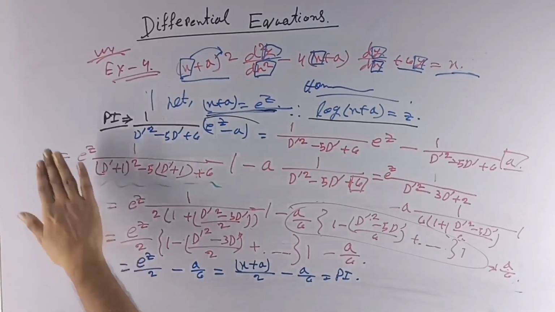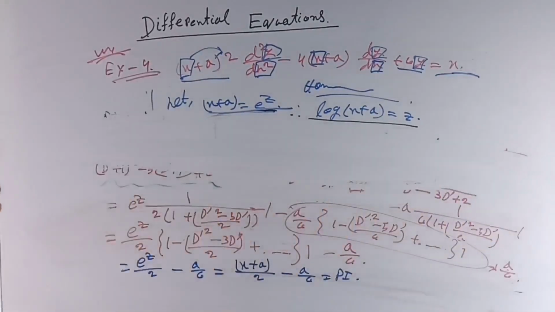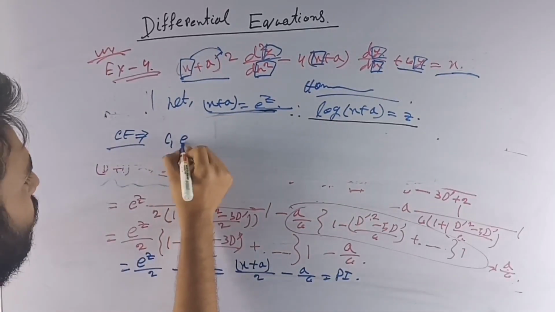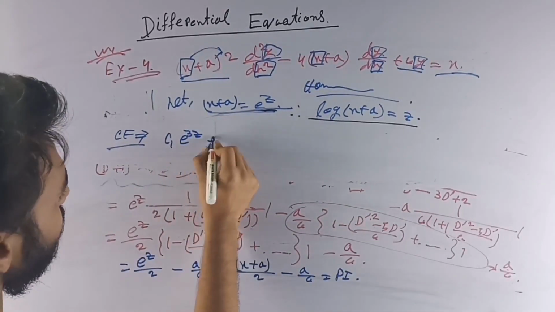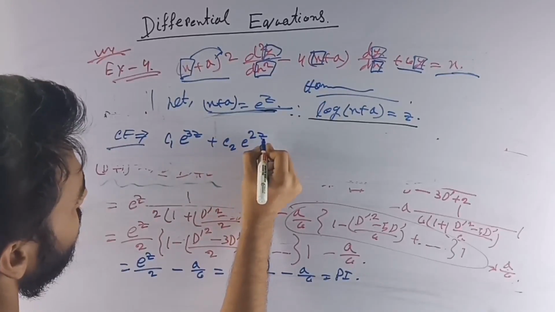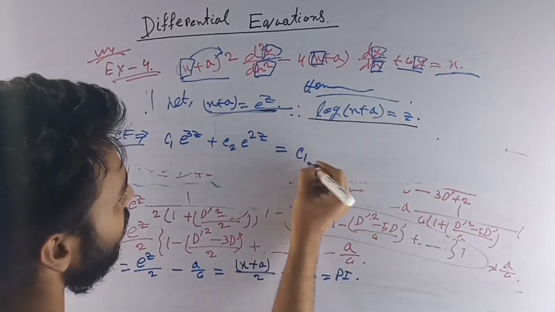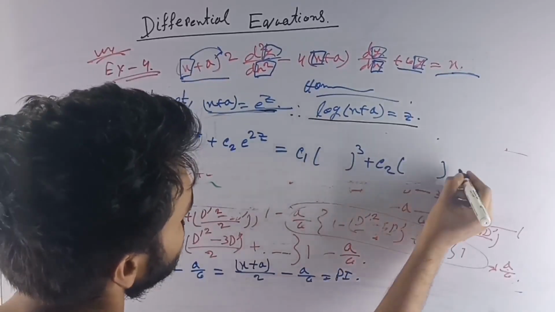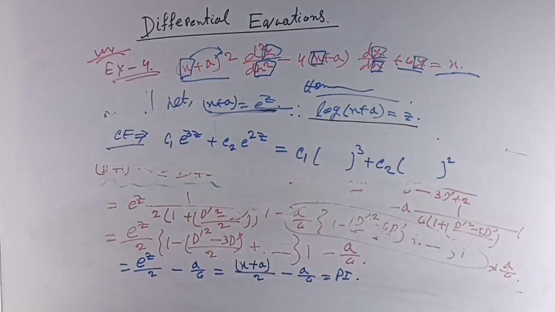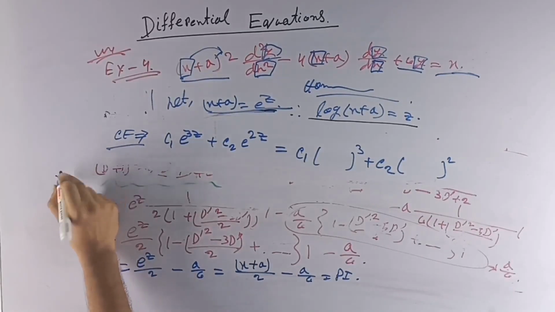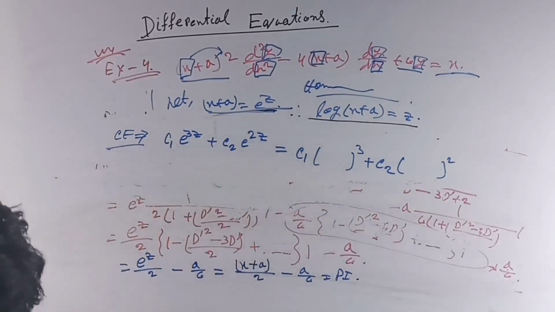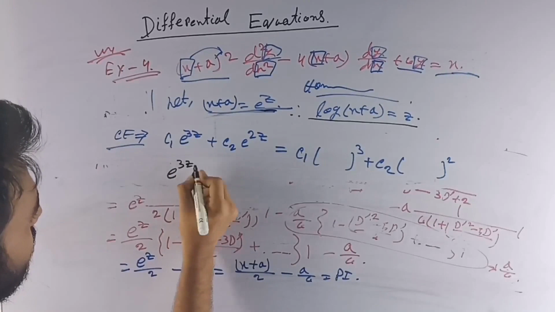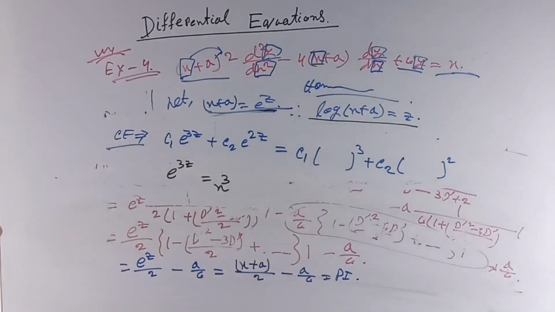Okay, now first of all I also say you to remember the cf. So now cf equals to c1 times of e to the power 3z plus c2 e to the power 2z. Okay, so we can write again c1 times of this cube and c2 times of this square. So that means e to the power 3z is x cube.